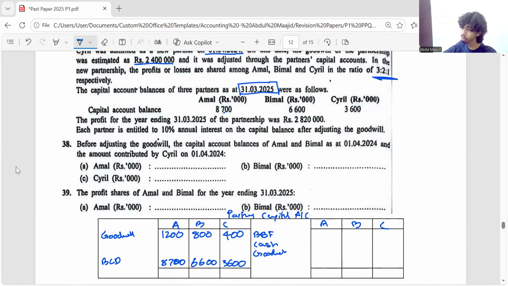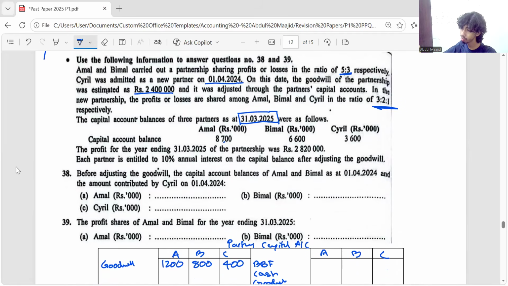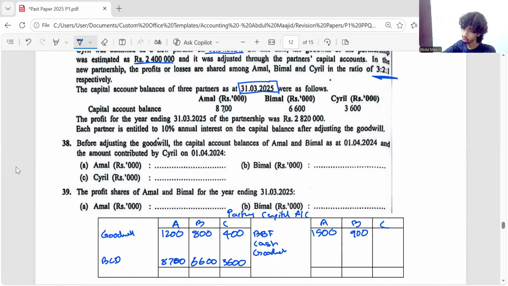Based on the old ratio between Amal and Bimal, that's gonna be 5:3. 2,400 divided by total ratio 8 into 5, 1,500 for Amal and 900 for Bimal. Now, sorry, that should be the goodwill amount.